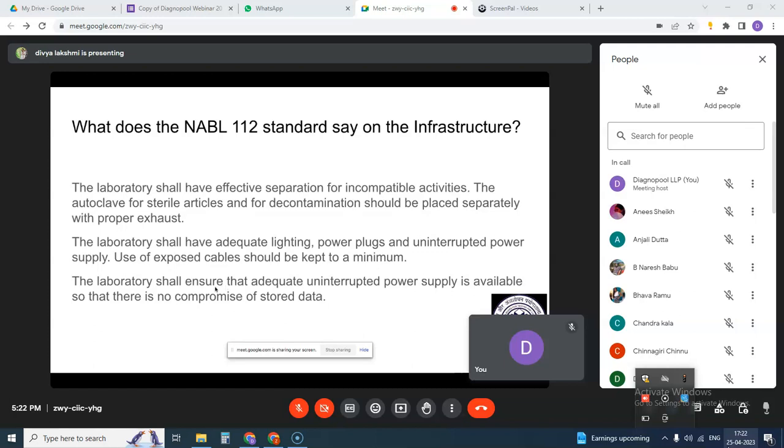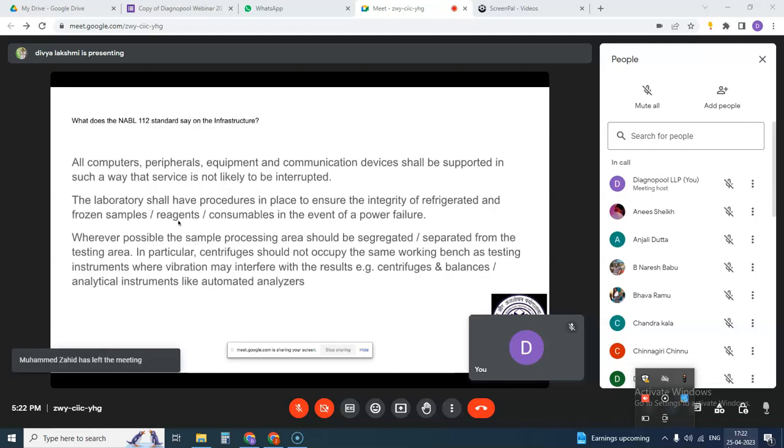The laboratory shall ensure that adequate uninterrupted power supply is available so that there is no compromise of the stored data. All the computers, peripherals, equipment, and communication devices shall be supported in such a way that service is not likely to be interrupted, like internet services, phone services and electricity.